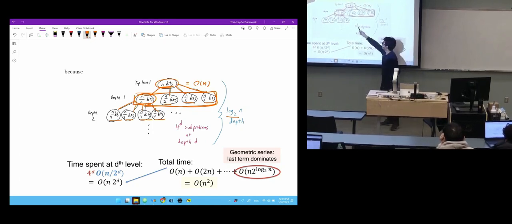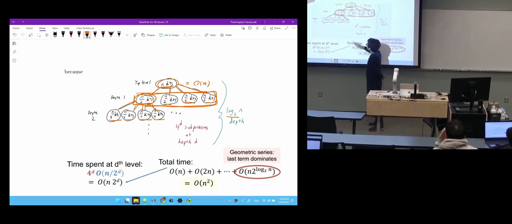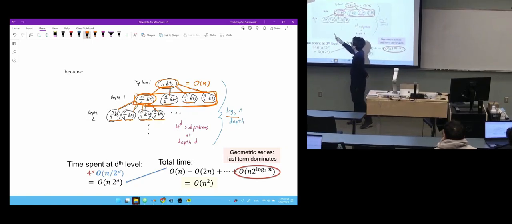That's going to be 4 to the d. Why? Because every time you branch out by a factor of 4 for every level. So at level d, there are 4 to the d subproblems, right? And each of these subproblems at level d has how many bits? Just n over 2 to the d bits, because you halve the size at each level. So that's the total time that you're going to spend on level d. And when you multiply this, you get this.